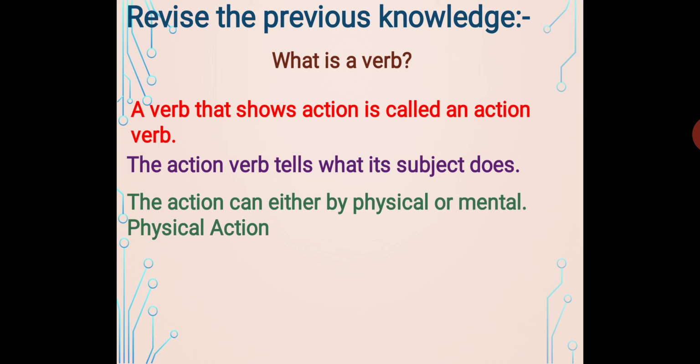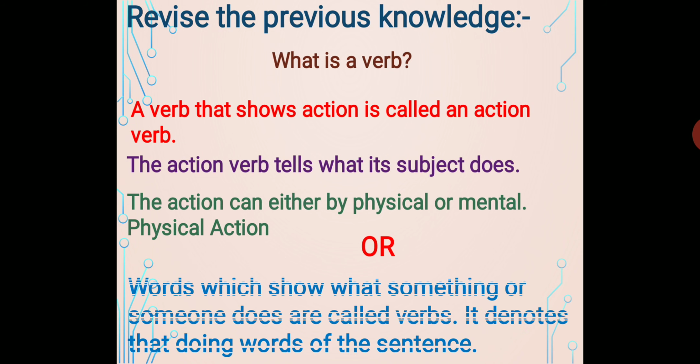The action can be either physical or mental action. Or we can say that words which show what something or someone does are called verbs. It denotes the doing words of the sentence. It means that the verb is called the action verb or doing verb.